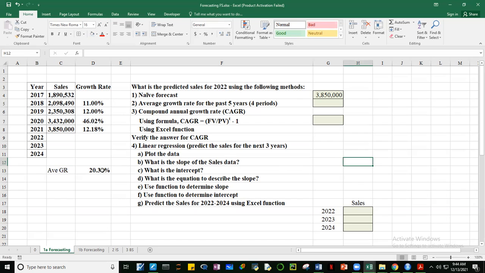Okay, so we can use the average growth rate for the past 5 years or the 4 periods to compute for our sales for 2022. So our sales for 2022 using the average growth rate will be the previous sales, the sales of 2021, multiply that by 1 plus the average growth rate for the past 5 years. Okay, so we just make it grow by that amount.